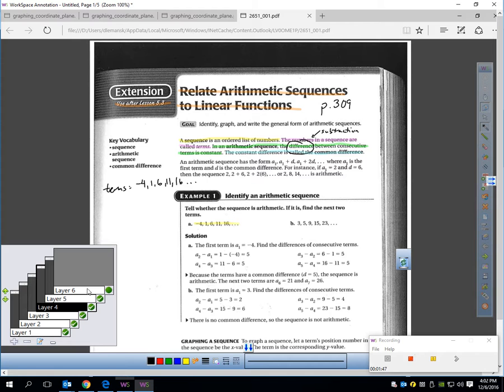The constant amount is called the common difference.